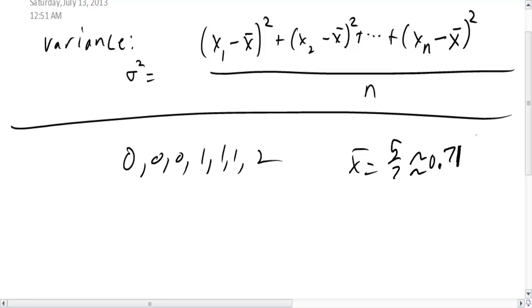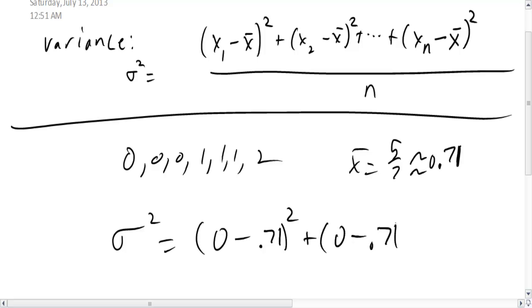Now, if we're doing this calculation, I really hope you would not write out 0.71 squared plus 0 minus 0.71 squared plus 0 minus... I'm hoping your math skills are better than that. You should realize, look, I'm doing the same calculation 3 times.